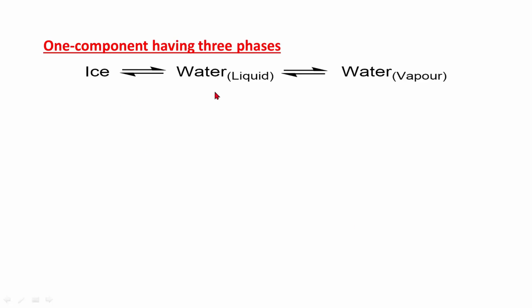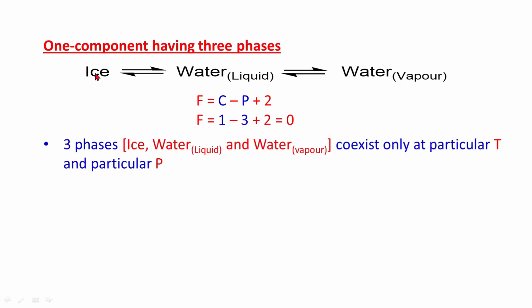One component having three phases in equilibrium. Example is ice in equilibrium with water in equilibrium with water vapor. These are three phases and it is one component. It is H2O. Phase rule equation, when it is applied for one component, three phases, we get F is equal to 0. Three phases, ice, water and water vapor, coexist only at a particular temperature and particular pressure.